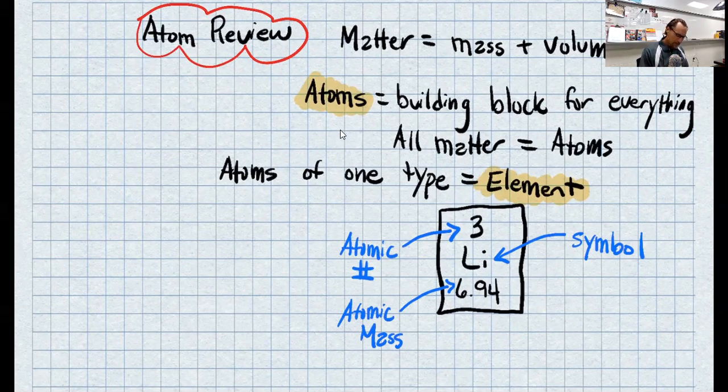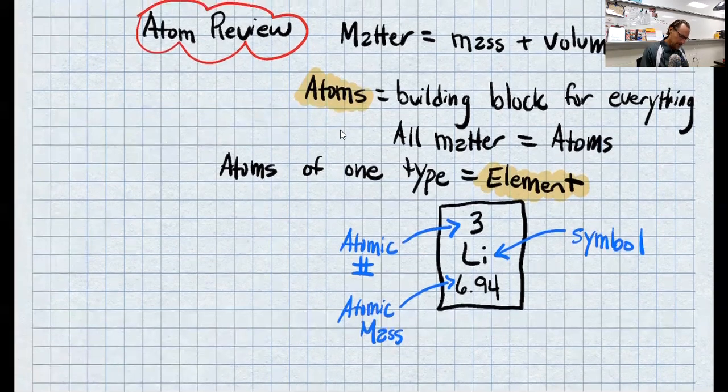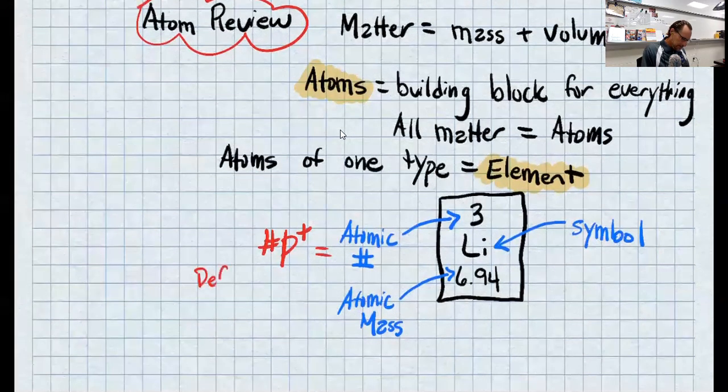And that's also equal to the number of protons. So the atomic number is the same thing as the number of protons. And I'm just going to use a P with a plus sign because protons have a positive charge. So the number of protons is the same thing as the atomic number. And remember, I already said that that is what defines the atom.